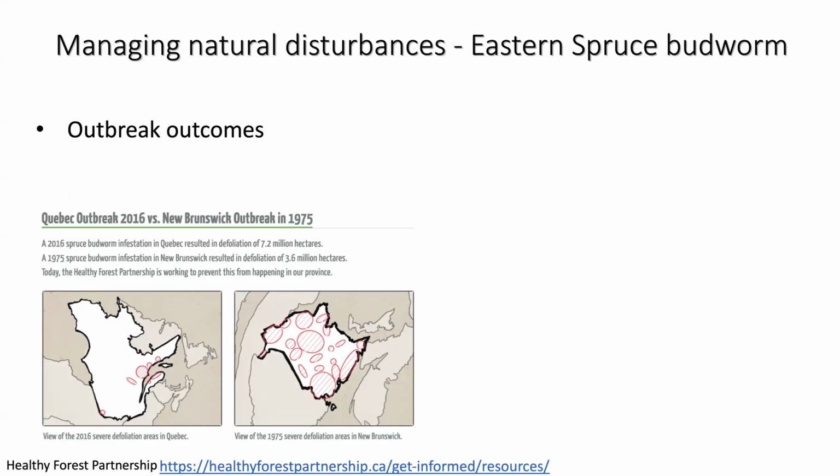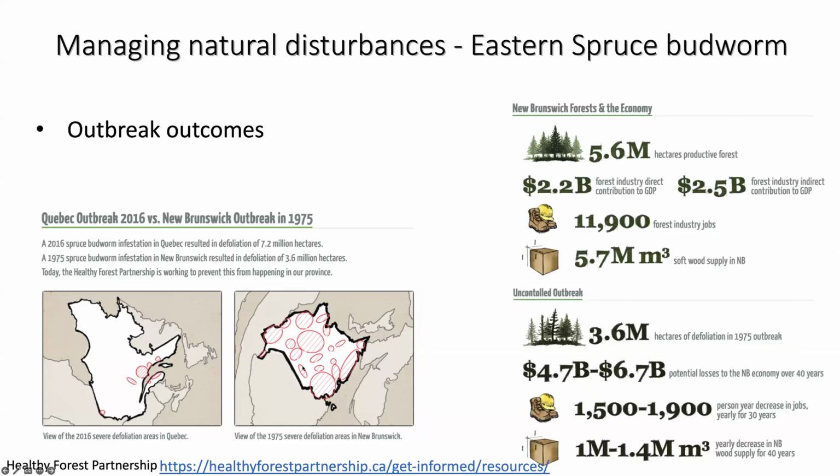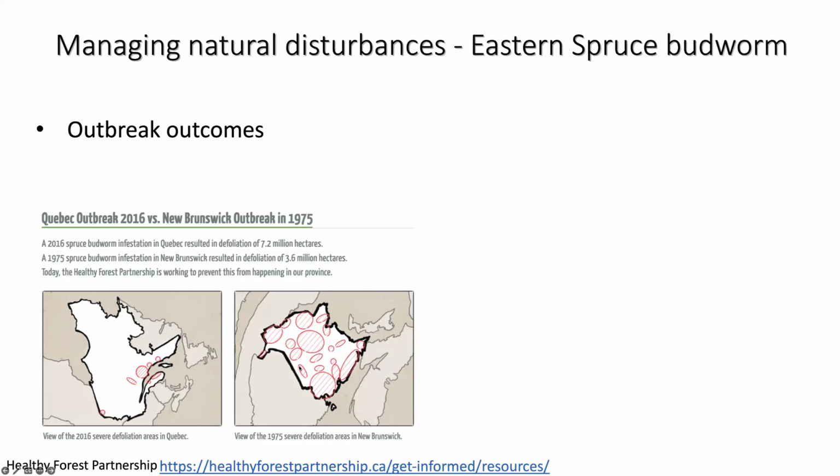The effects of a budworm outbreak on the forest industry can be really enormous. And this is one of the reasons why there's a lot of interest in this system. Here are some infographics created by the Healthy Forest Partnership. The one on the bottom here shows the extent of severe defoliation in New Brunswick in a 1975 outbreak.